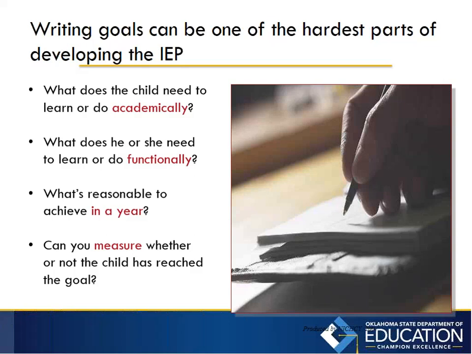Like I said, you want to make sure you're setting goals that the child can achieve. Now, I'm not saying you set them easy. That's where there's a happy medium. You want to set them high enough for them to reach the goal, but you don't want to set them so low that they meet them the first week. And of course, can you measure whether or not the child has reached the goal?